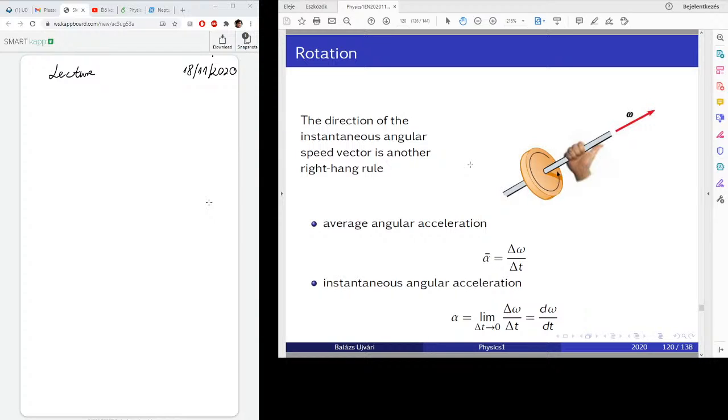There is a so-called delta omega, and since alpha is delta omega over delta t, in this example the alpha will also point parallel with the omega, in the same direction. If you decrease the angular velocity, the alpha will be opposite to the angular velocity.